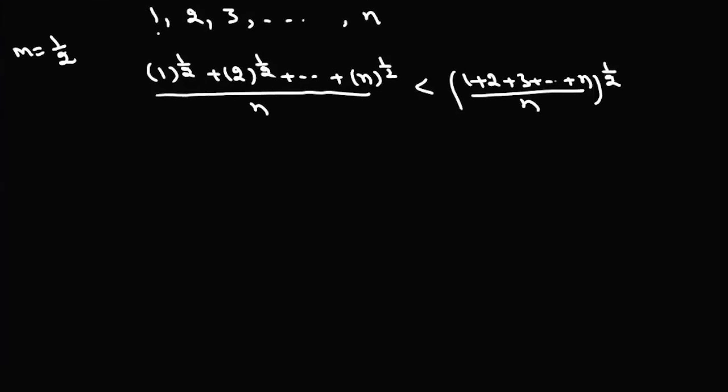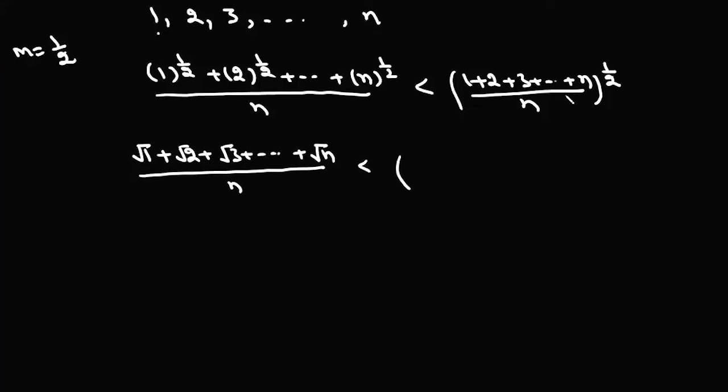Now we can write this as √1 + √2 + √3 up to √n, divided by n, and it will be less than, this is the sum of the first n natural numbers, so it will be (n + 1)/2, and here we have n to the power 1/2.